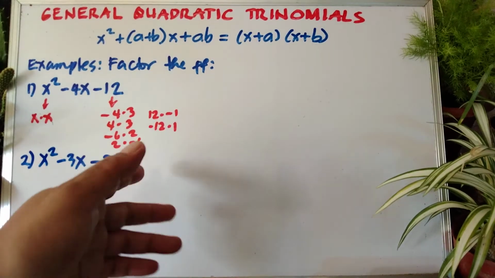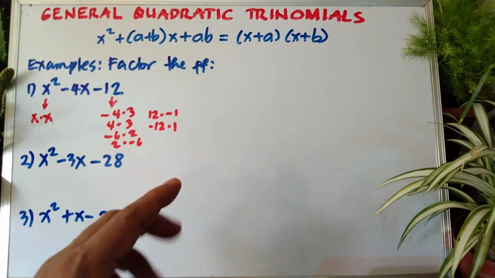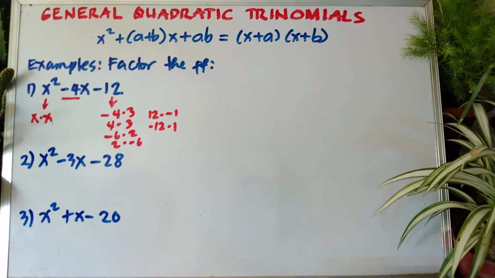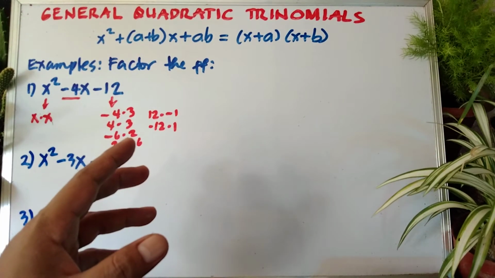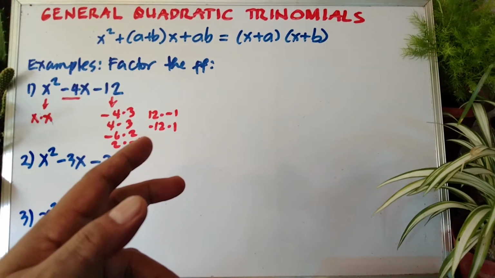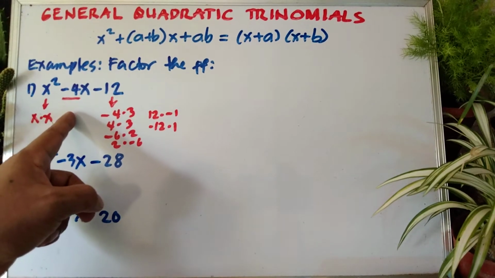Now, in choosing which of these factors you are going to use, you need to look at the middle term, which is negative 4. In your own understanding, which of these possible factors will you use, such that when you add, you would come up with negative 4?